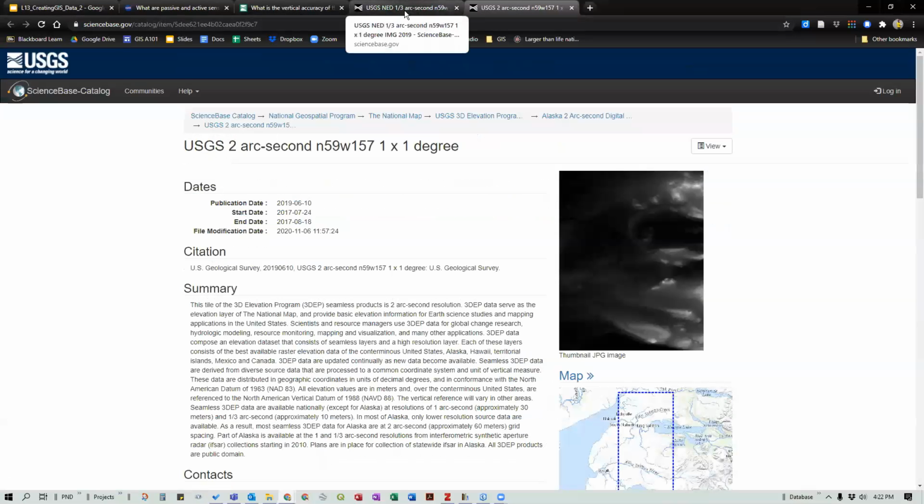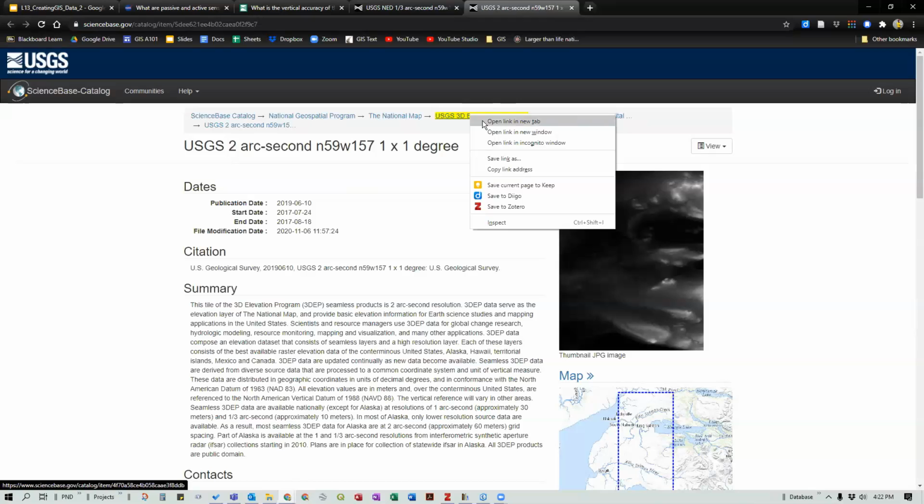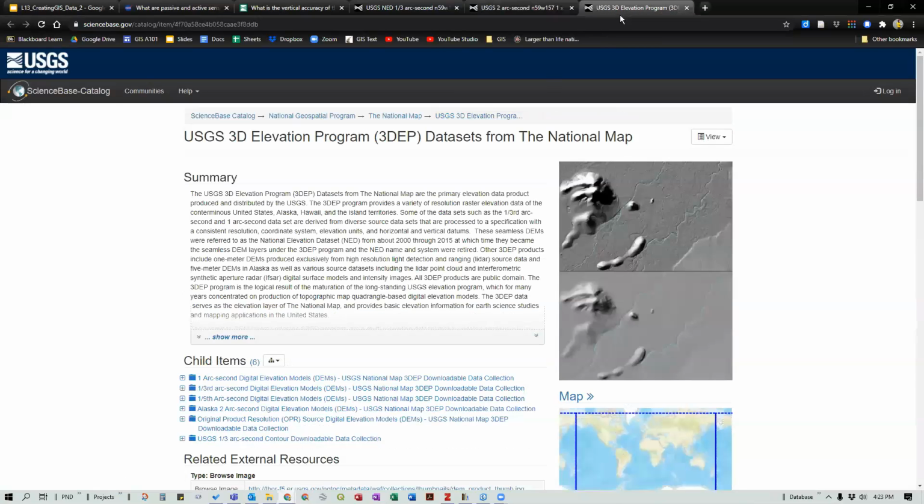So these are examples of 2 of the USGS 3DEP information sources. And you'll notice if you read about Alaska in the 3DEP program, they talk about how different we are and how they're working on it, and eventually they'll get there.